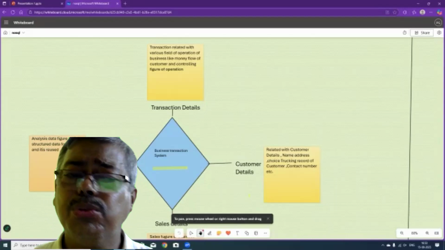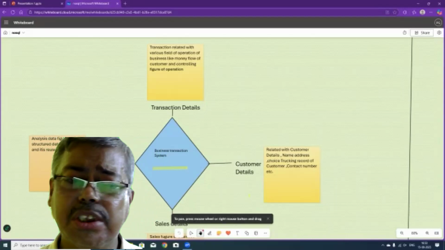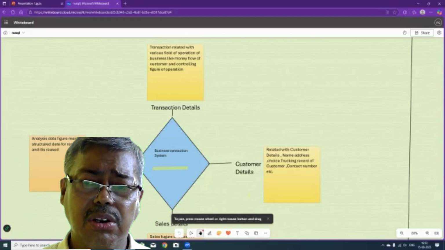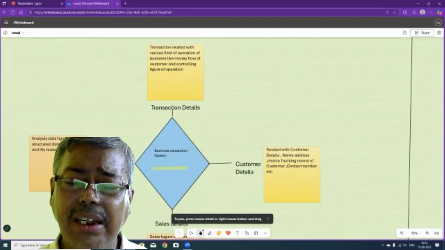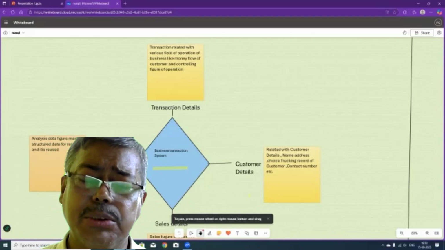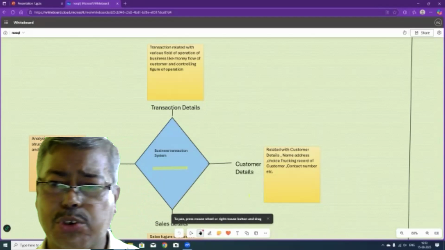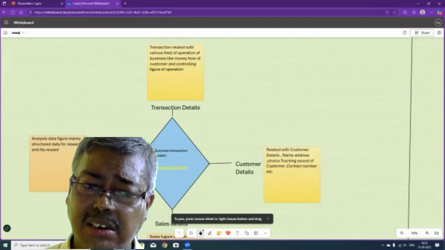So how is it stored? How is this data stored? What is the way to store this data? For business type data, different types of database are mainly used for the purpose of storing, and it is costly.